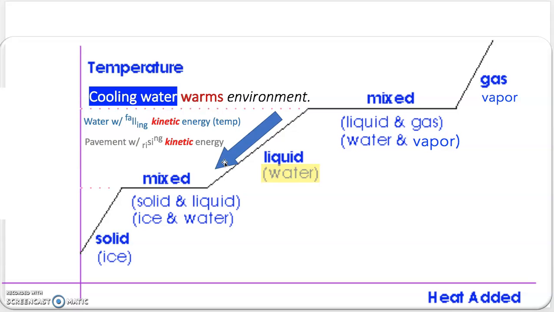In this case, the environment could be the air, but let's think about this water being on pavement that could ice up. So let's think about the environment as being the pavement. As the water loses its kinetic energy, the pavement is gaining kinetic energy. And that means that cooling water warms the environment.